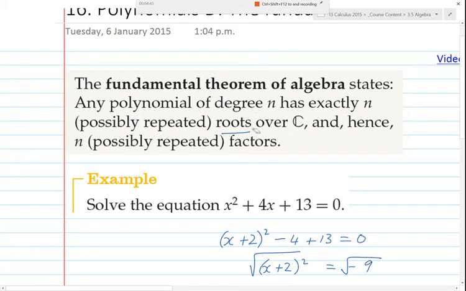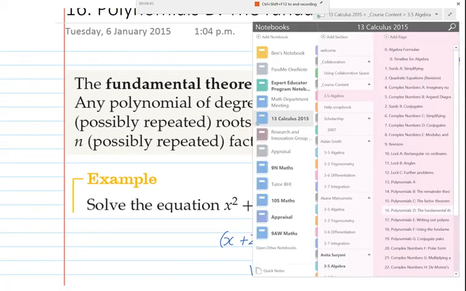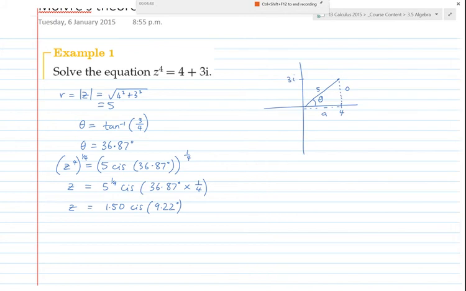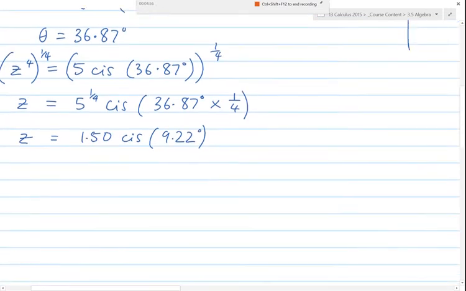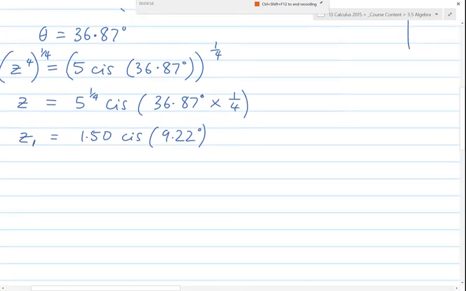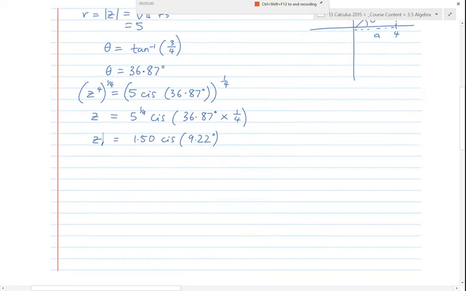And so what we have to do here is think about what that power of 4 means. And what it means is that we've actually got 4 possible solutions. And so what we've just worked out here is only our first solution.